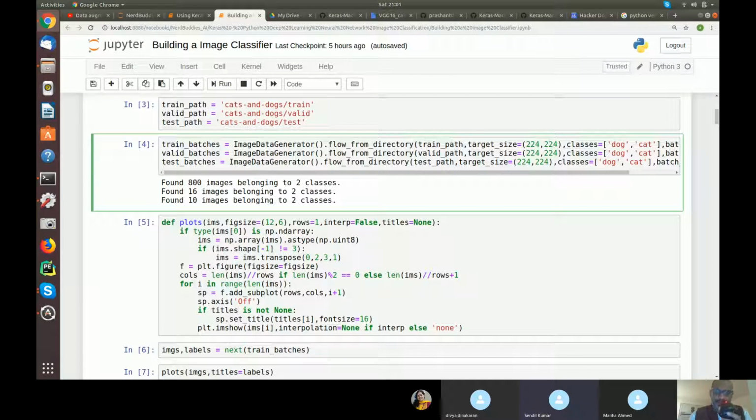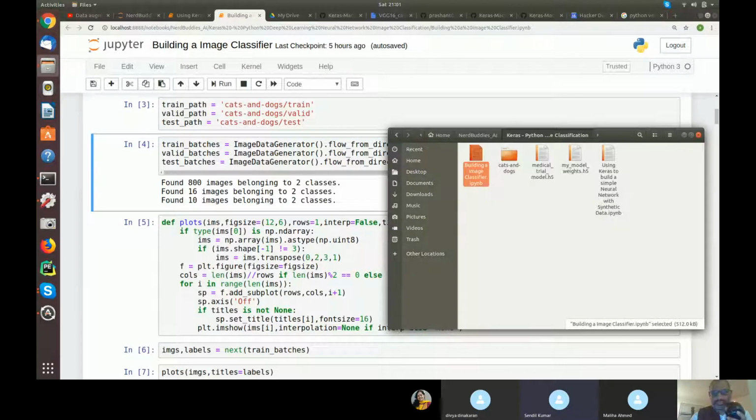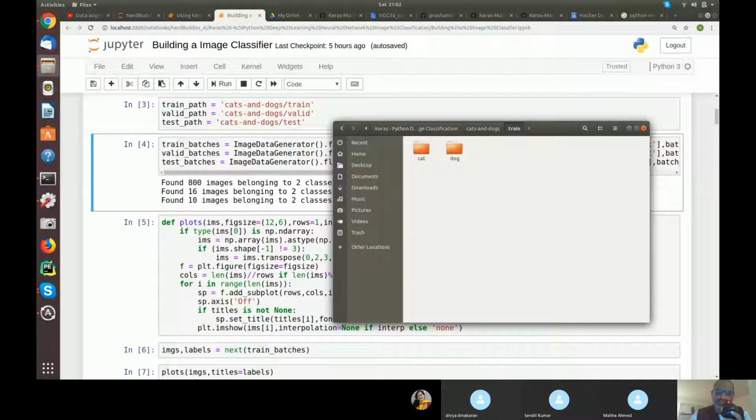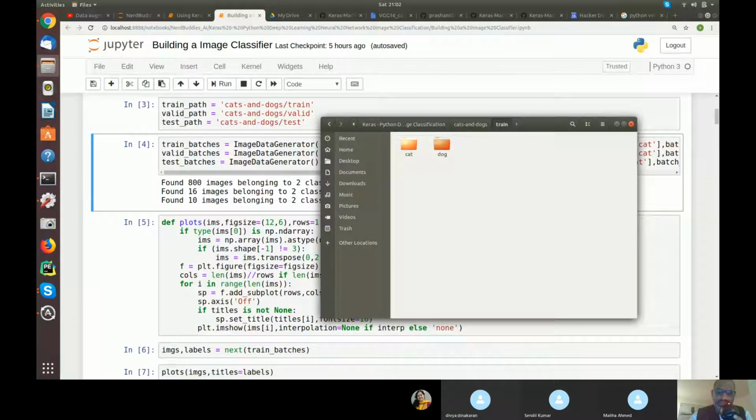How does this know which folder this is? Essentially the folder structure has folders, and the folder names are classes.